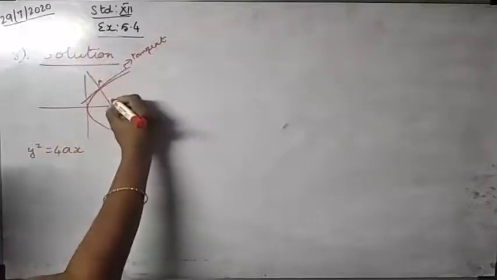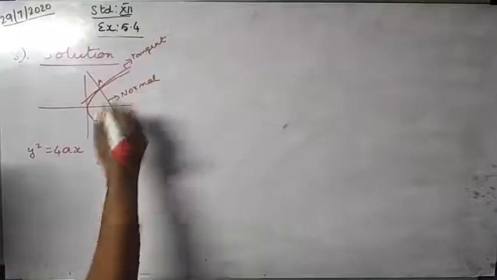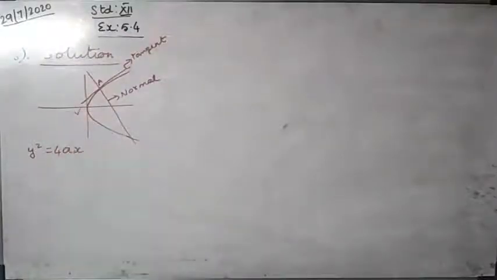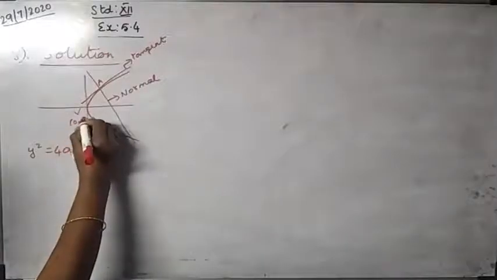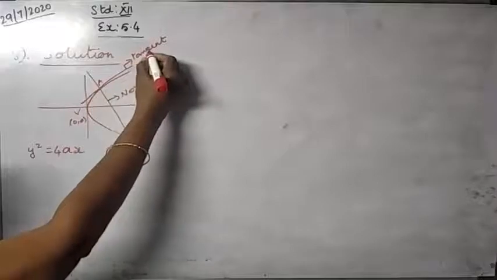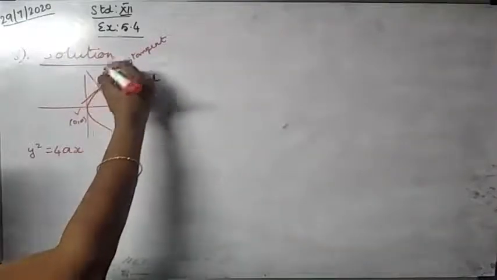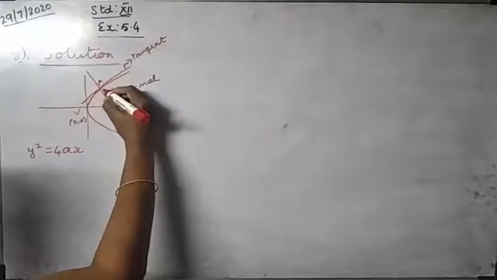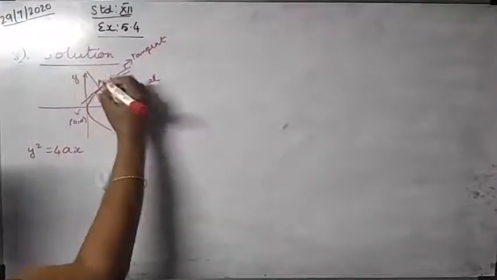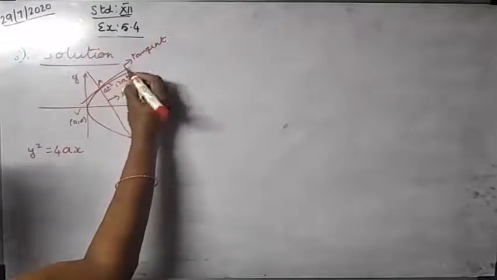This is the normal, perpendicular to tangent is the normal. This is B, 0, 0. And this is A, this is the point of contact. That is the tangent. And if it is the perpendicular, then it is the normal. Then this point in parametric form, I can take it as AT square, 2AT.